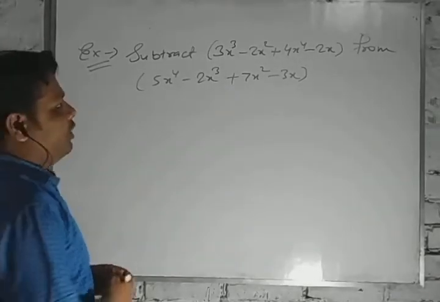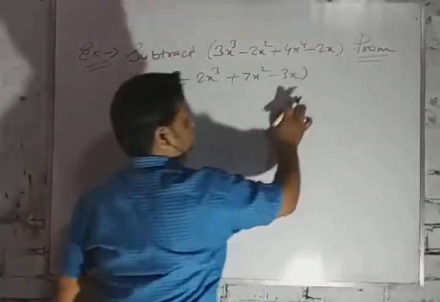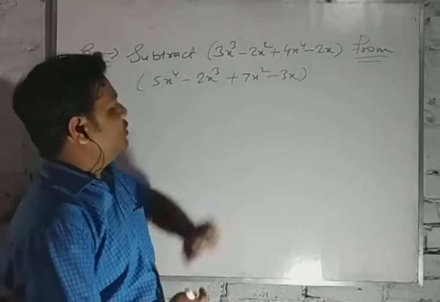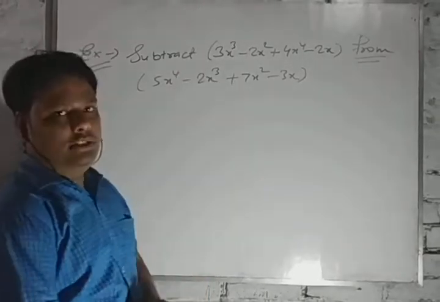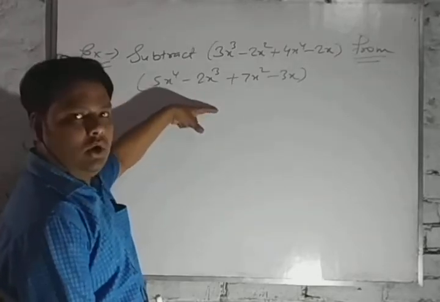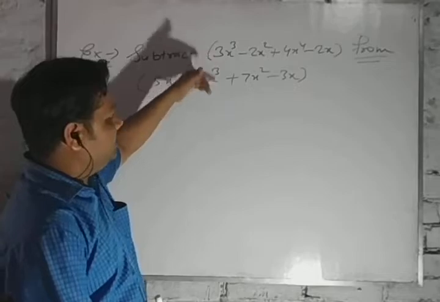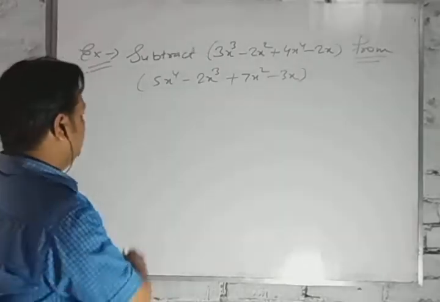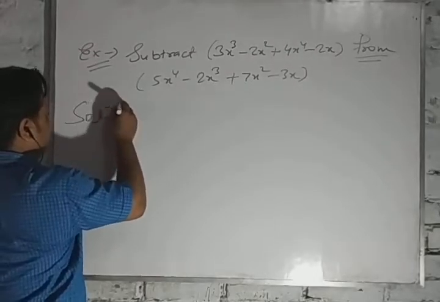Here it is written "from" in between these two expressions. From means we have to subtract the first row from the second row. That is, we have to write the second row first and the first row just below this row. So now I am solving.